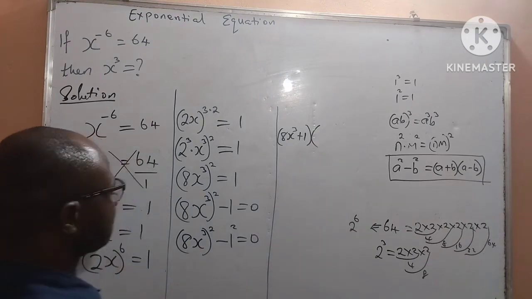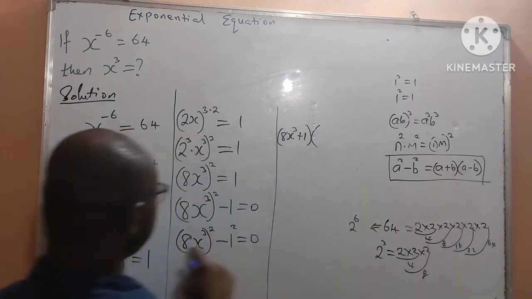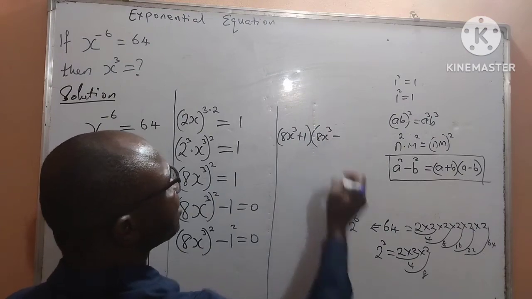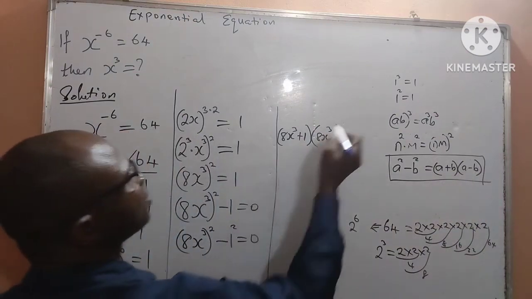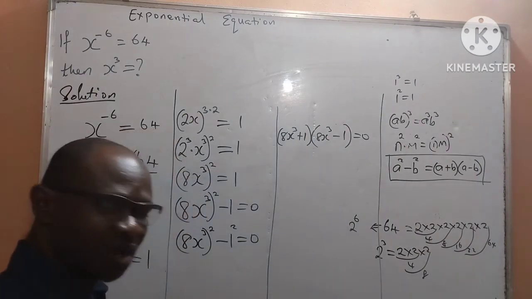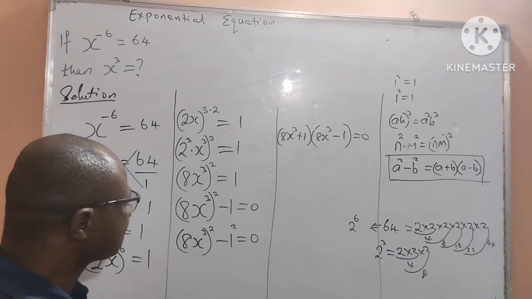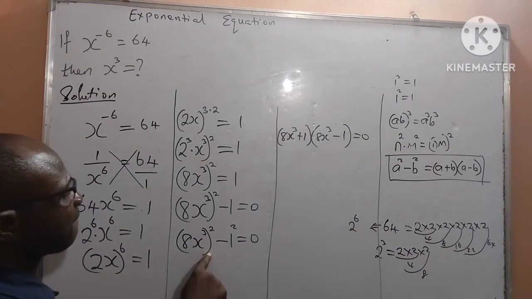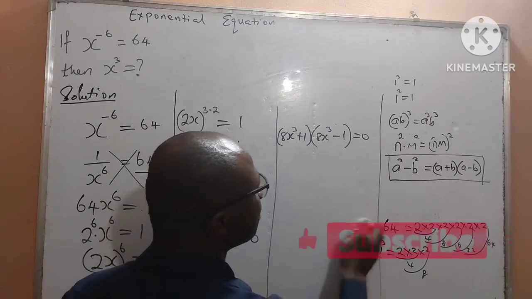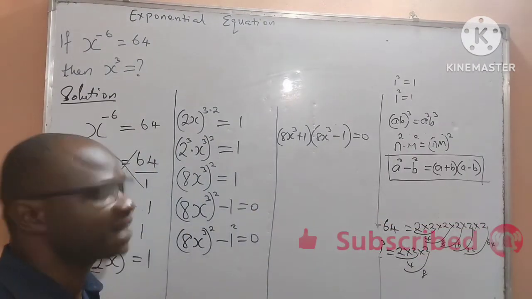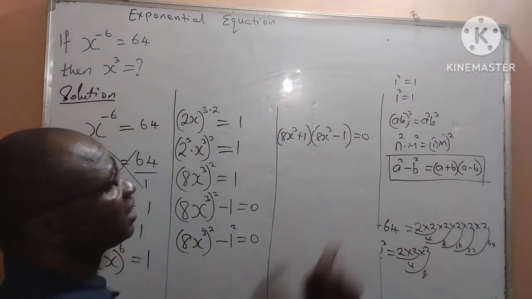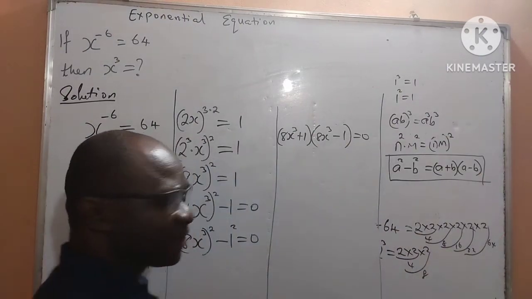Then another bracket, my a, which is 8x raised to the power 3, minus my b, which is 1. Everything is equal to 0. Beautiful. So what we have now is that this last step is written in difference of two squares form.